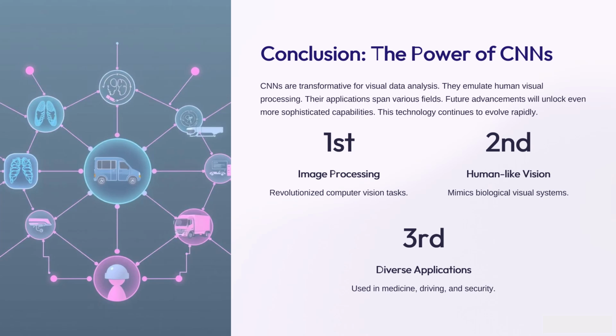They are used everywhere, from social media filters to research. In the future, CNNs will become even more advanced. They may help us solve problems we can't even imagine today. If you are learning AI, understanding CNNs is a must.